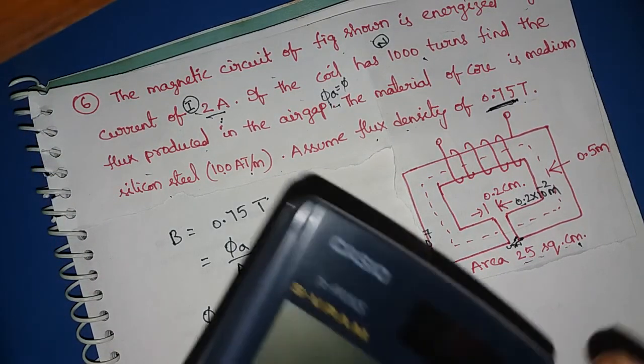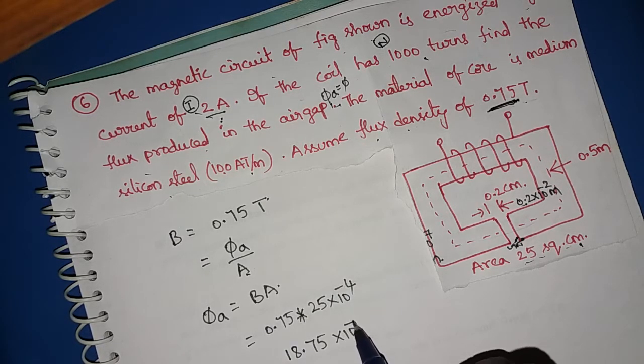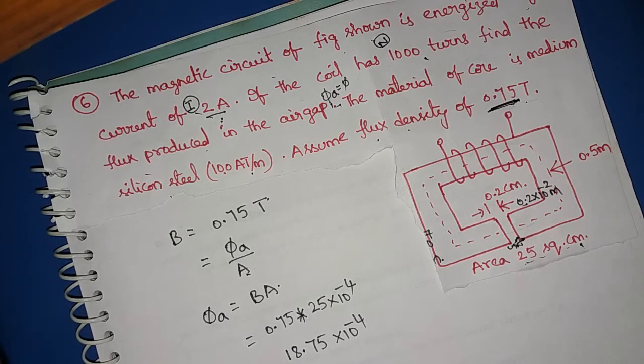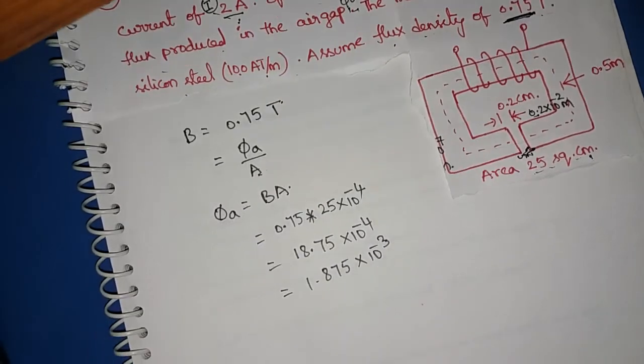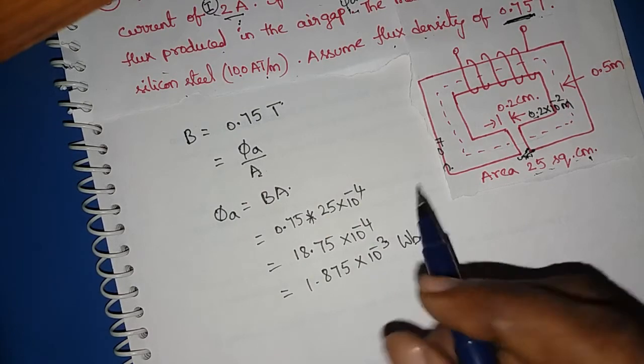So if I calculate, 0.75 into 25 into 10 power minus 4, which is given by 18.75 into 10 power minus 4, or 1.875 into 10 power minus 3 Webers. Okay, so very simple.